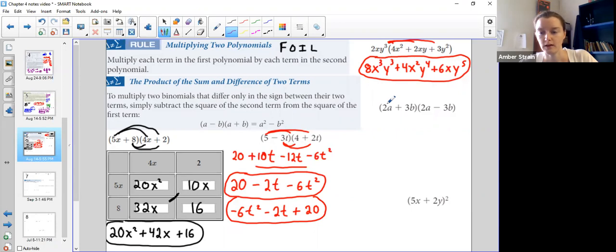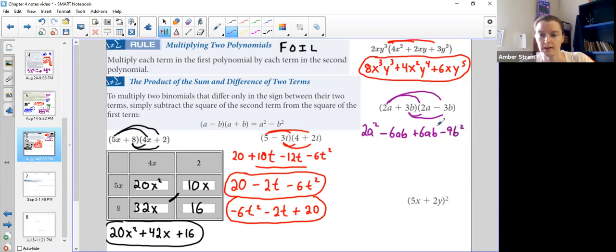So in this case right here, if I start in on my foiling, first, outer, inner, and last, 2a times 2a would make 2a squared. 2a times negative 3b would make negative 6ab. 3b times 2a would make positive 6ab, and 3b times negative 3b would make negative 9b squared.